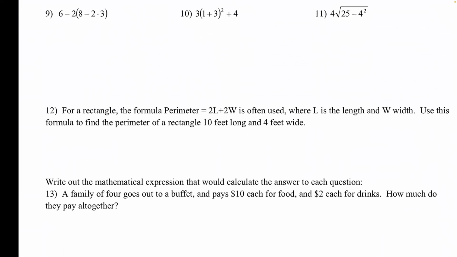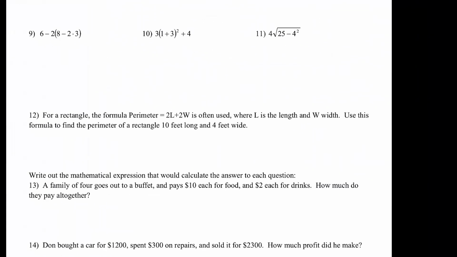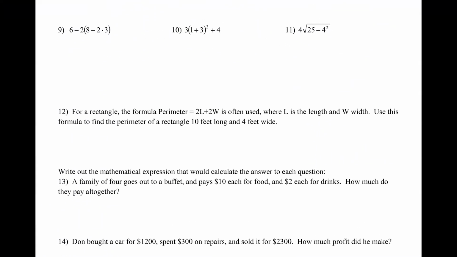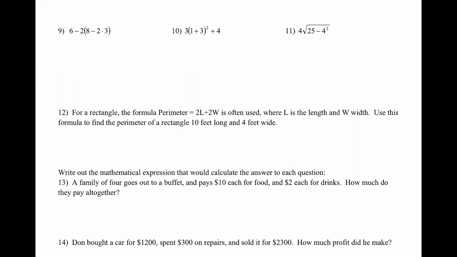All right, story problems. For a rectangle, the perimeter is 2L plus 2W. Now I walk from this spot all the way around and come back.